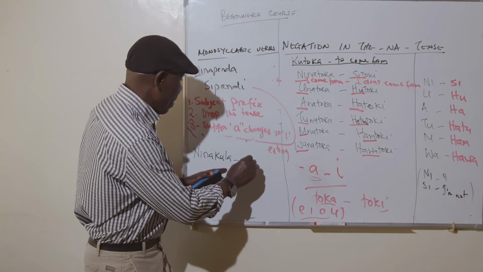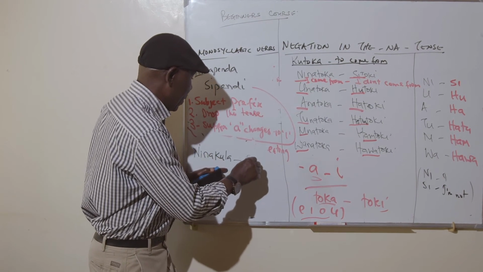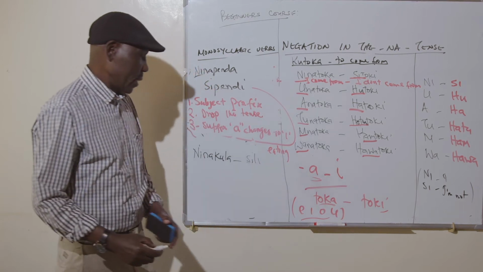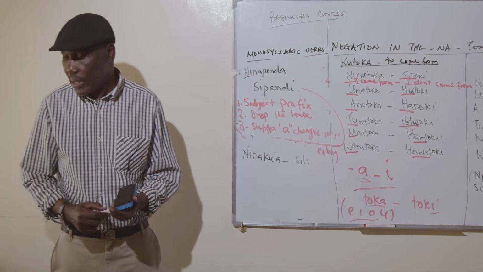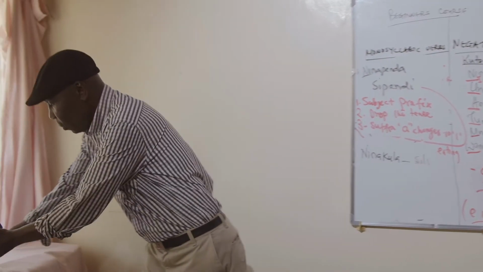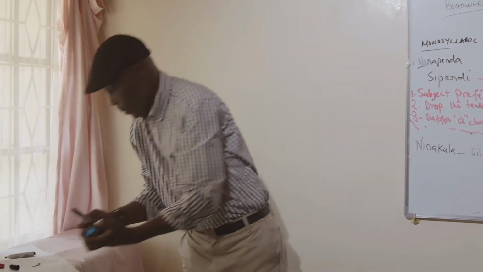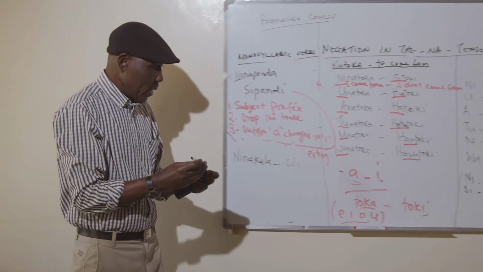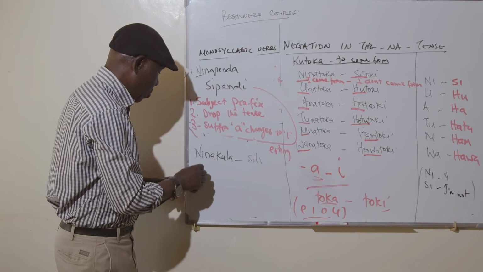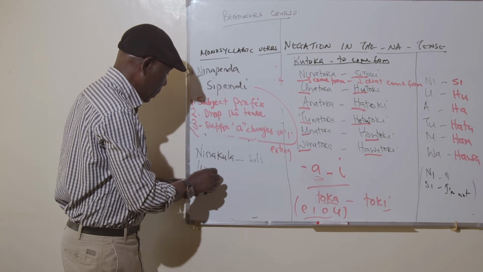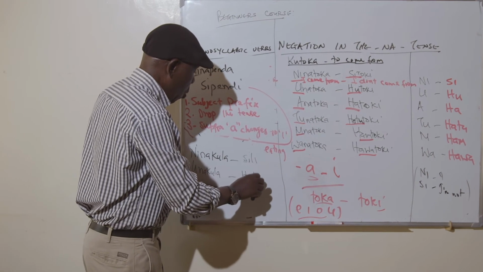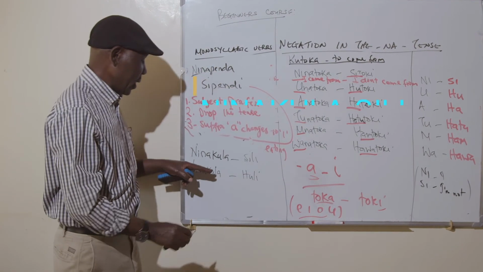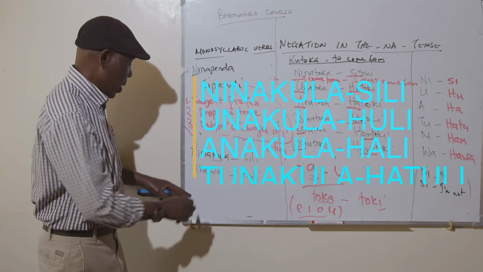So ninakula becomes sili. Unakula becomes huli. You can see we have dropped the ku.